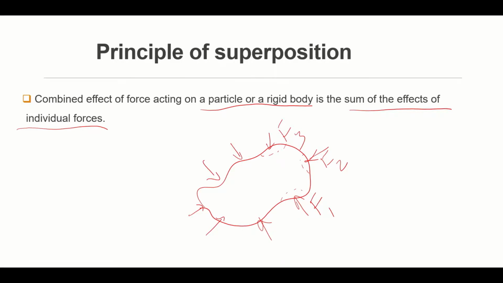So finally, if the particle's shape comes to a shape like this after deformation, then the combined effect of the forces acting on a particle is this deformation, and this deformation is due to the individual deformation, this deformation plus this deformation plus this deformation. So that is principle of superposition. It is the sum of the effects of individual forces.